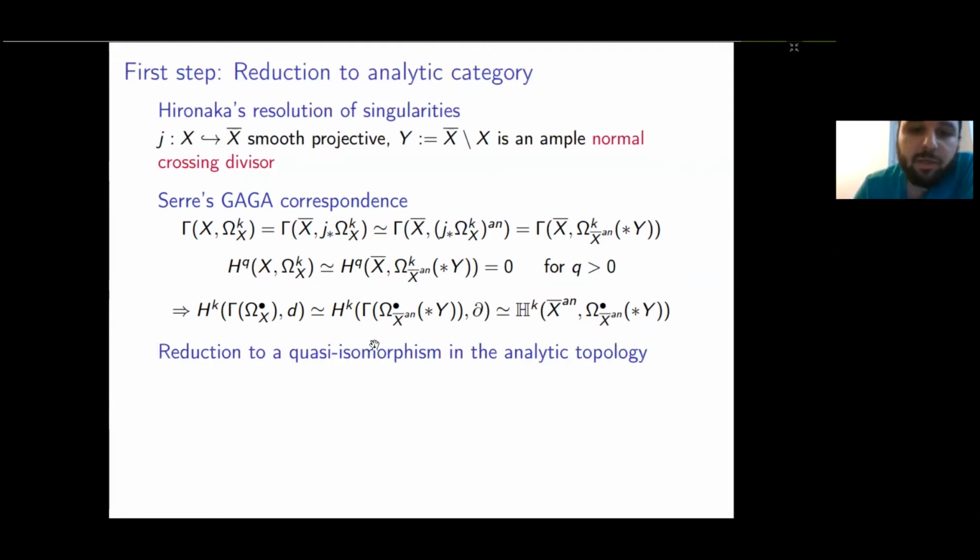Now we have reduced one part of the isomorphism of the Atiyah-Hodge theorem to a purely analytic statement. And now we want to reduce this to a statement about hypercohomology groups.